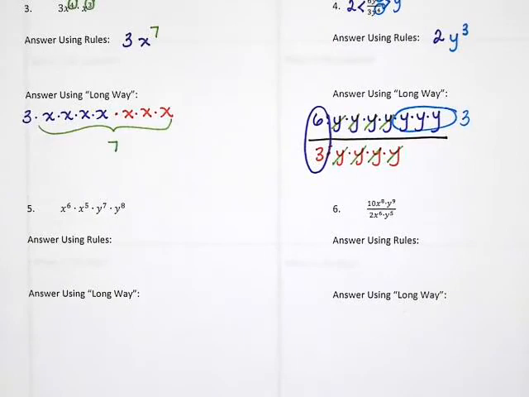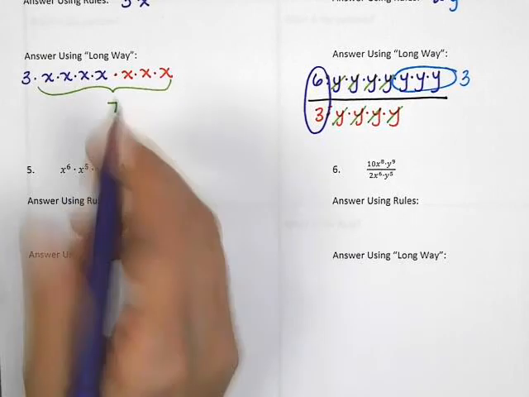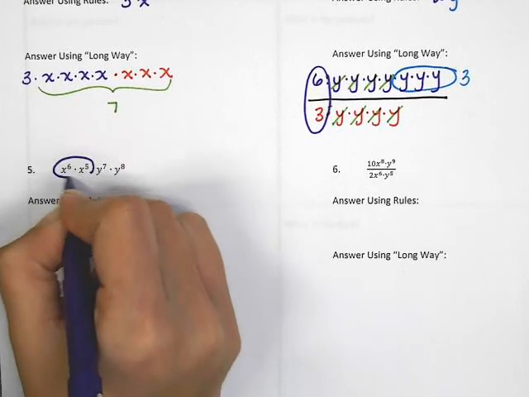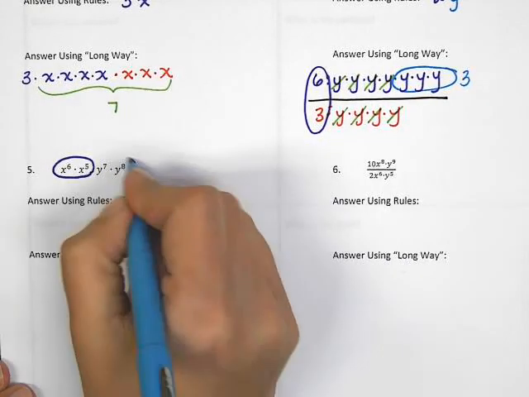Last or second to last would be if I have one big long multiplication problem. Looking at this, I notice that there are really two different things going on here. There are the factors of my multiplication problem that have an x, and the factors that have a y.